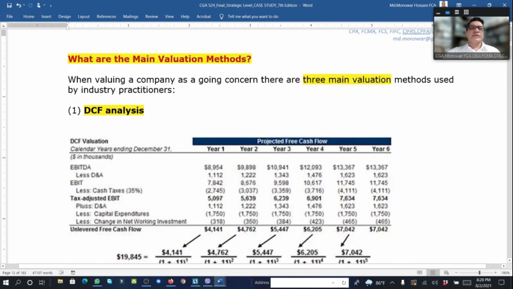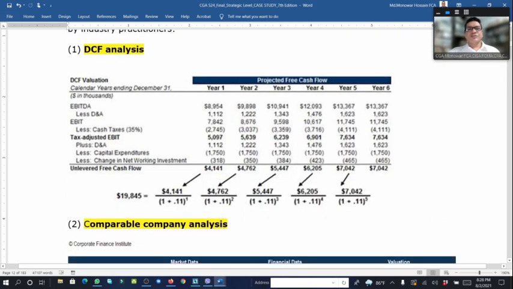So if we look at the DCF analysis, just for example, here we take the year-after-year projected cash flow. For example, if we go for a capital budgeting analysis, we use different types of techniques there. Some are NPV, IRR, profitability index.